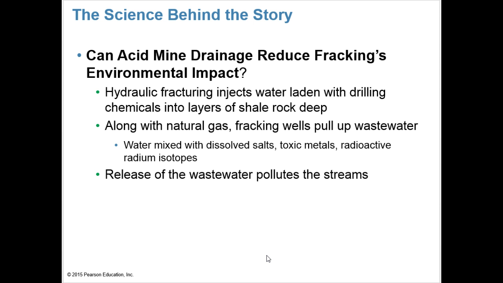Because they were not dissolved or suspended in solution, the contaminants were efficiently collected for disposal. This study demonstrated that there is potential for treating fracking wastewater with mixtures of acid mine drainage, removing some of the contaminants as precipitates, that means solids, and producing water that could be less damaging to the environment or reused in drilling applications.